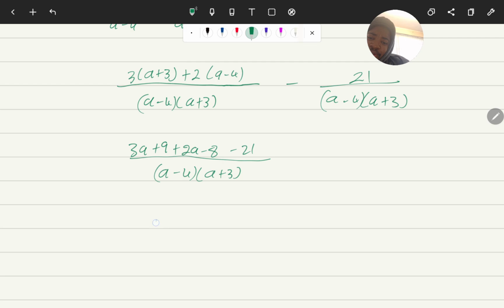I have 5a, and then it's gonna be, okay, let me take 1 from here and put it there. Then I have minus 20, and I have 8 minus 8, that is 0, so minus 20, right? And then I have a minus 4, I have a plus 3, right?